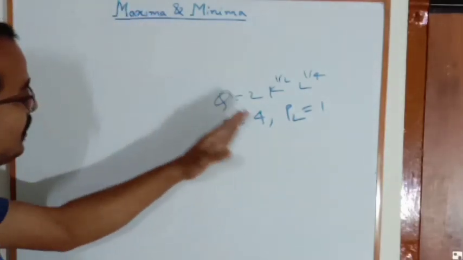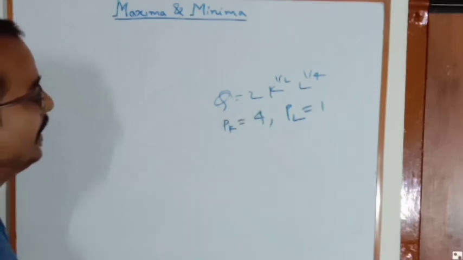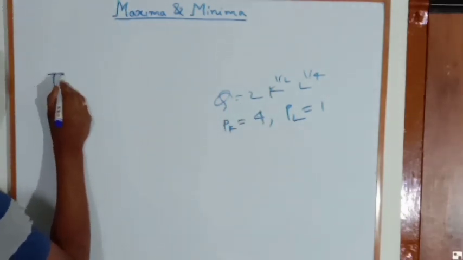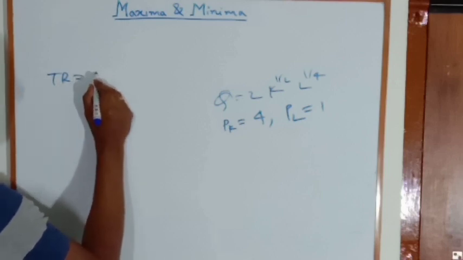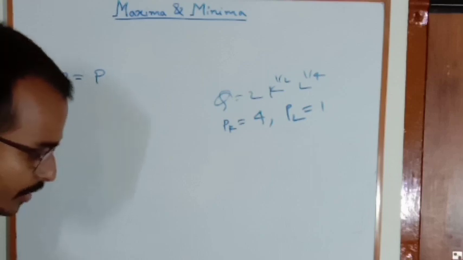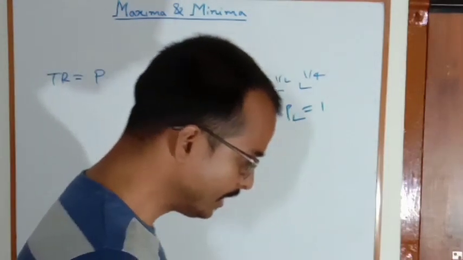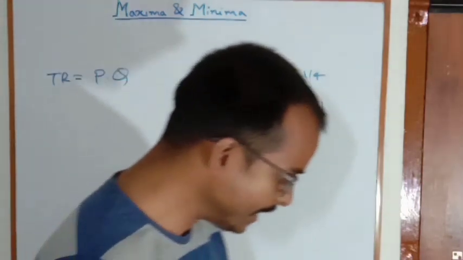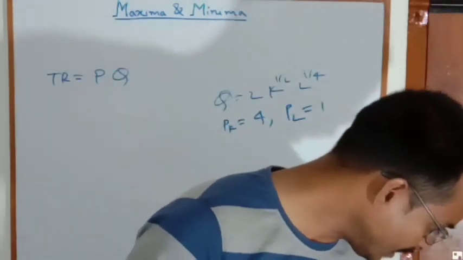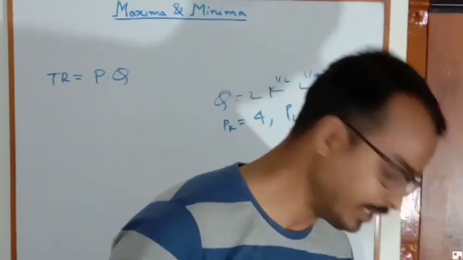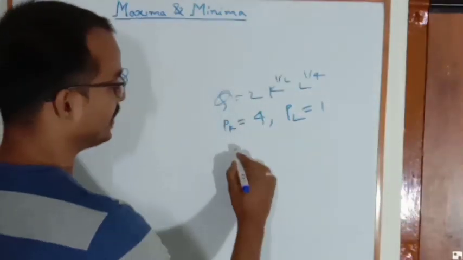Q is equal to this, PK is equal to 4, PL equal to 1. From here, can I get TR, total revenue? Yes, we can easily get it, because total revenue is equal to P into Q. And in your question, I forgot to mention, price is also given.